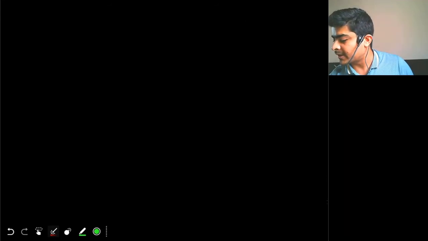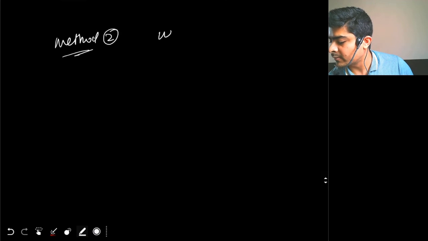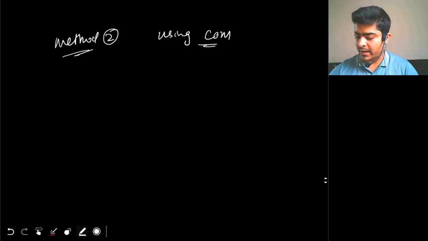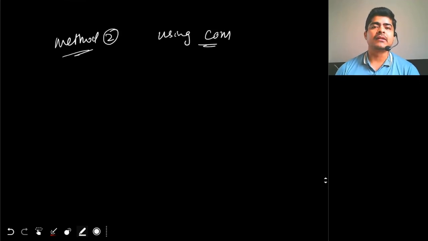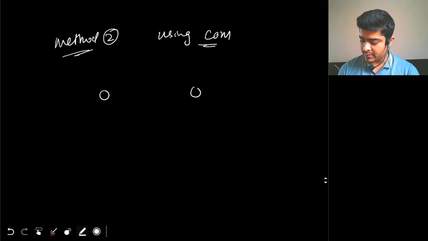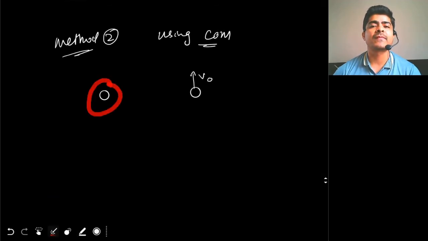Now the second method involves using COM, the center of mass. In the COM frame, first of all, one sphere has initial velocity v naught and the second sphere is at rest, correct?